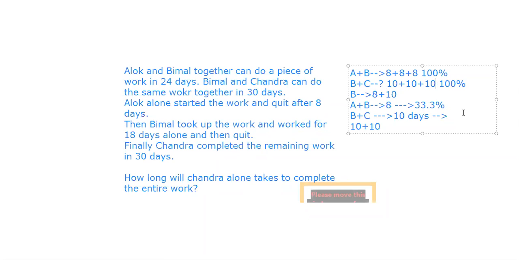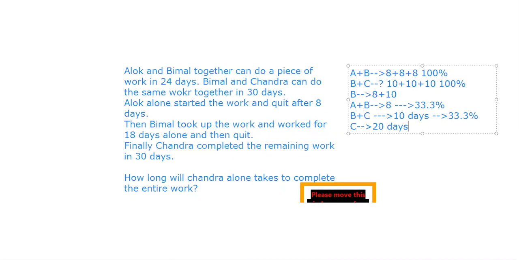So for every 10 days, they would have completed another 33.3% of the work, or not. Now, C is having only 20 days left.